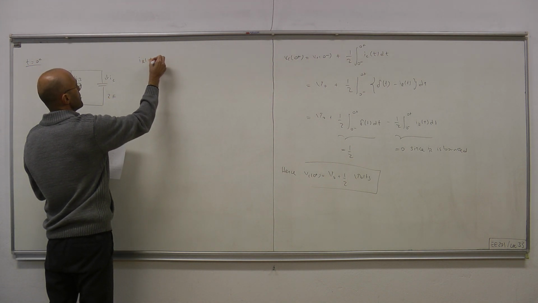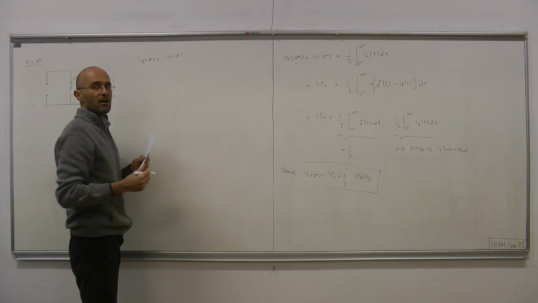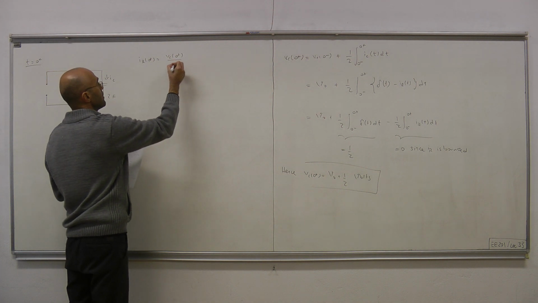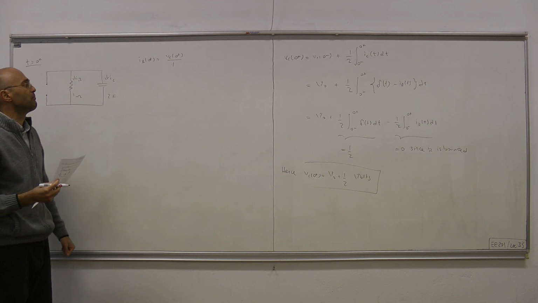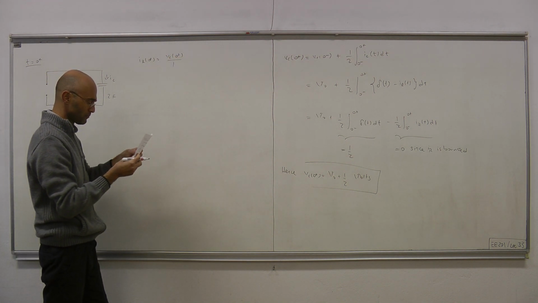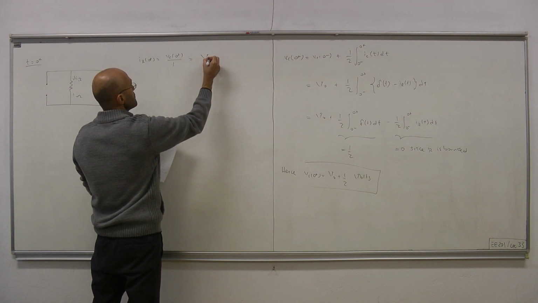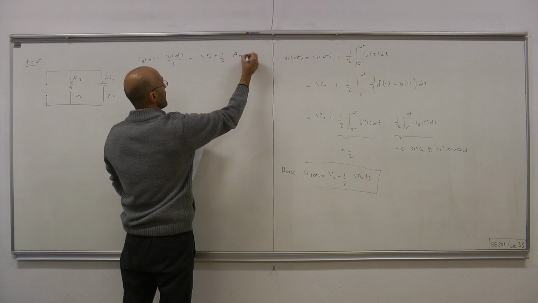iR(0+) equals VR(0+) over the resistance. VR and VC are the same because they're in parallel, therefore iR(0+) equals VC(0+) over 1. So that yields V0 plus 1/2 amps.